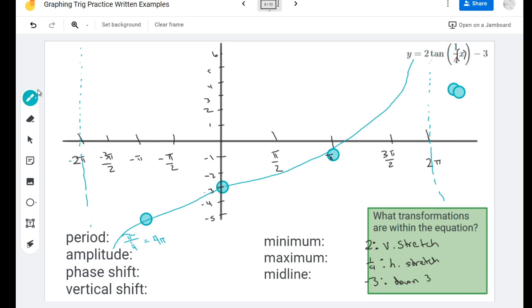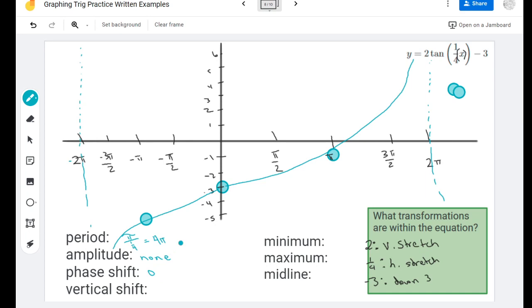Now, an amplitude is describing the distance from the middle to the top of the graph, but tangent functions go forever vertically, and so there is no amplitude on a tangent. In terms of a phase shift, we did not scoot these points to the left or to the right, right? Nothing was added or subtracted in the grouping symbol. So our phase shift here was 0.